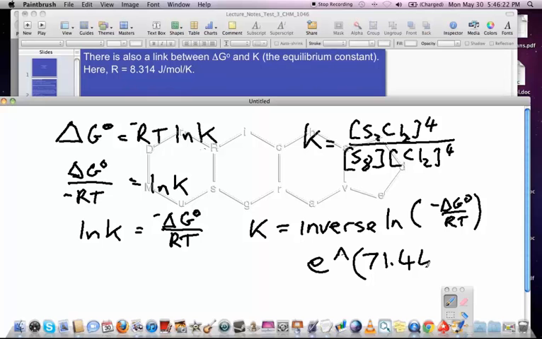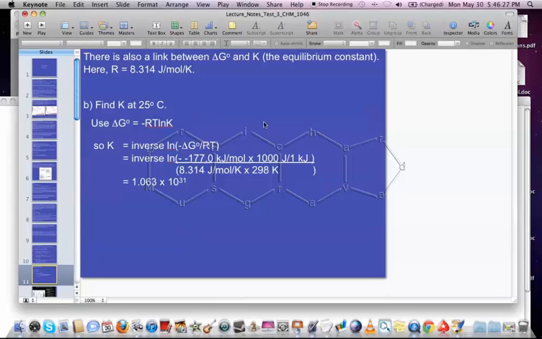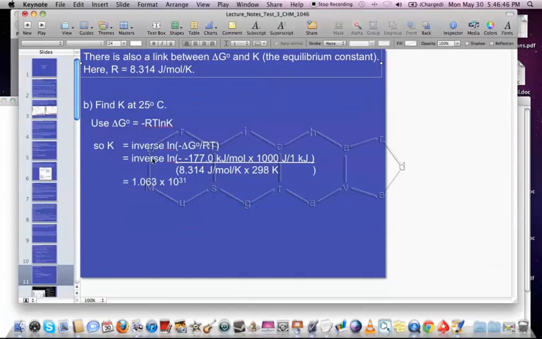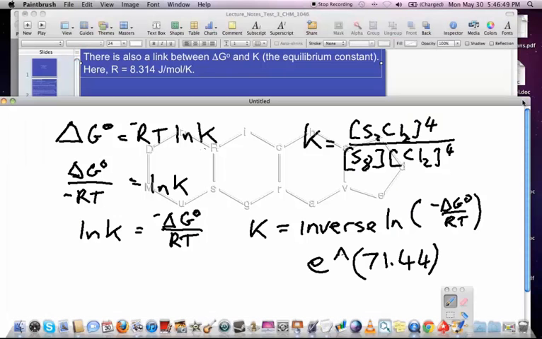And that's what I recommend, is coming up with that number, what's in here, and then taking the inverse log of that, and realizing that the inverse log of anything that's positive is usually going to be a pretty big number. And not surprisingly, if this was a negative number here, that would mean that the delta G naught was positive. If that was the case, then you'd end up with a very small number for K. So K is usually either a very large number or a very small number.